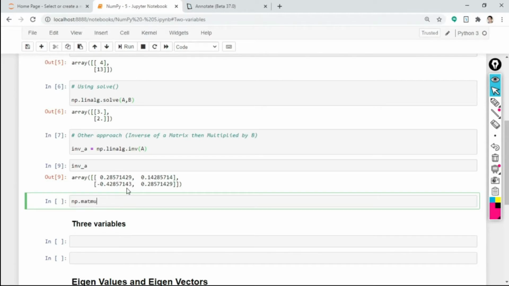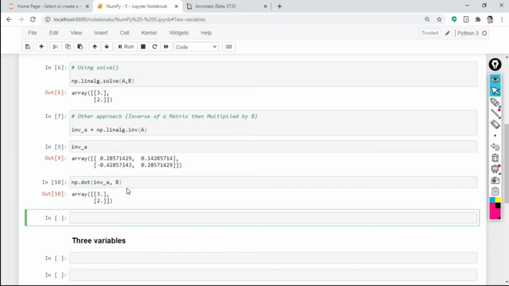You can use matrix multiplication, just the same. So let's use dot here. So we have the inverse of A, then multiplied by B. So we're expecting the same result right here. Okay, so the same. So the solution is 3 and 2. Okay, so that is for finding the solution for two variables only.